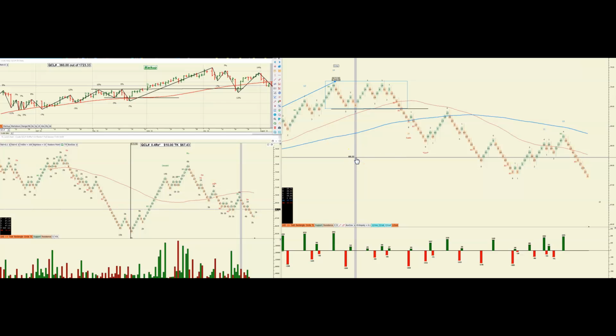You have to know climaxes, change of behavior, secondary test, the LPS or LPSY, which is nothing more than a low volume or very small wave after the sign of strength or sign of weakness, and the confirmation. And then after that it's just looking for all of this change that creates a turning point at key levels. What are the key levels? Breakouts as well as pivots.